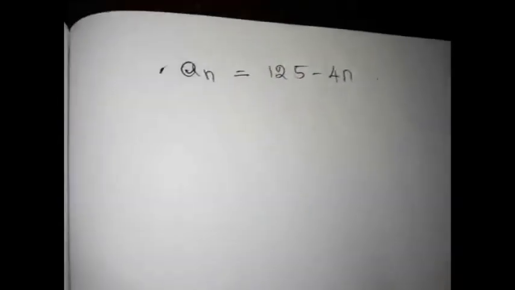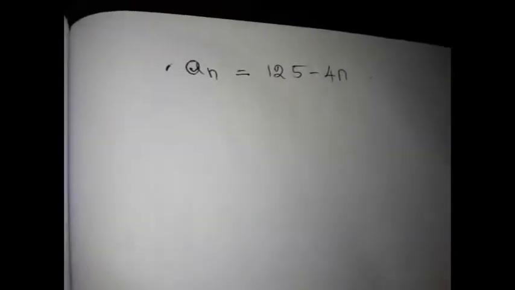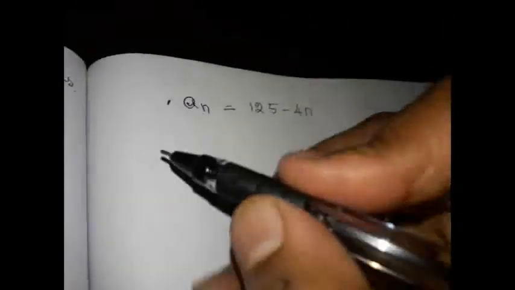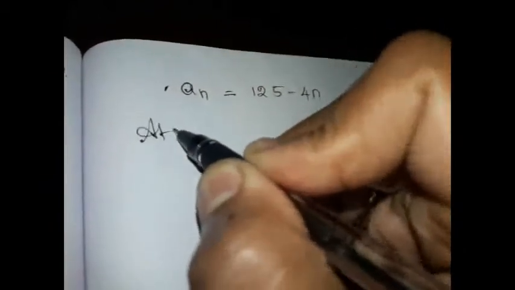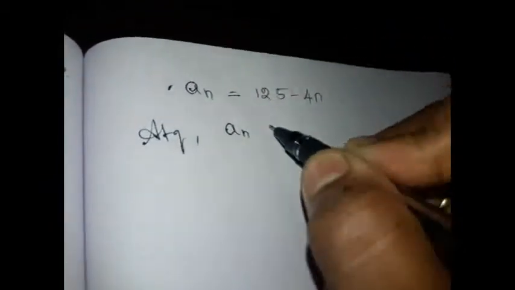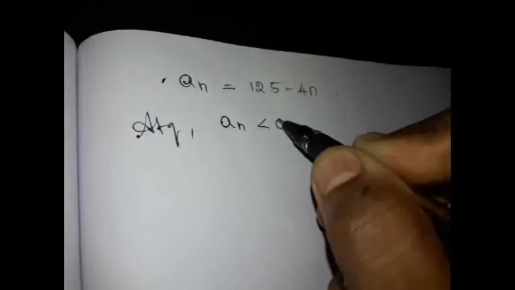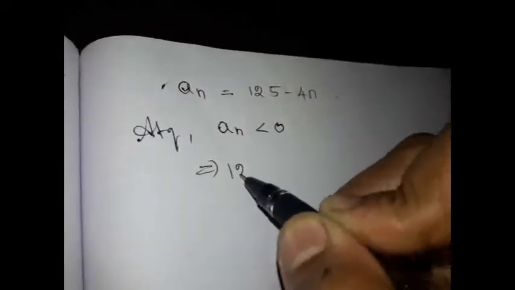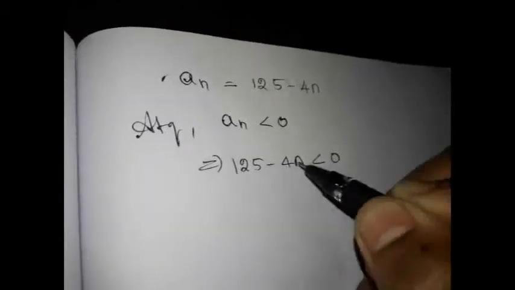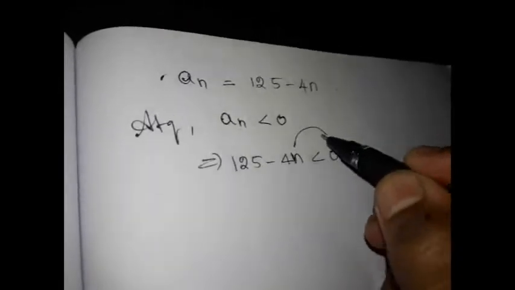So for the first negative term of the AP, they asked you to find the first negative term of the AP. Therefore, according to the question, an should be less than 0, right? So this implies 125 minus 4n should be less than 0. We need to know what our n is, right? So bring this 4n to the other side.